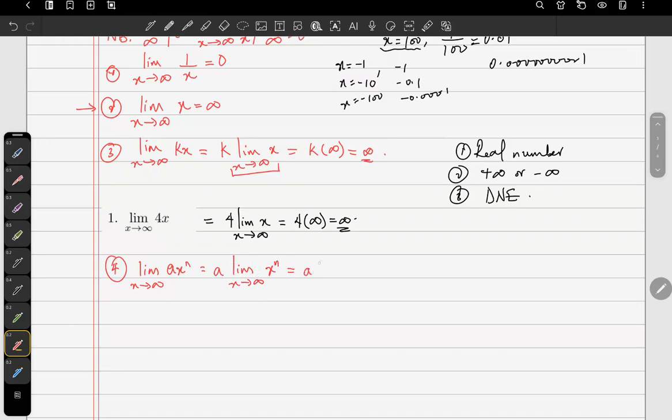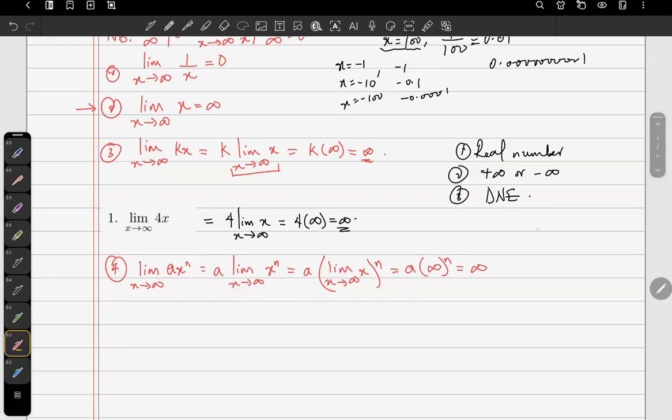Since limit passes through power, this is the limit as x goes to infinity of x raised to power n. That is a times infinity raised to power n, which is all together infinity. There is no problem with infinity being multiplied by itself.